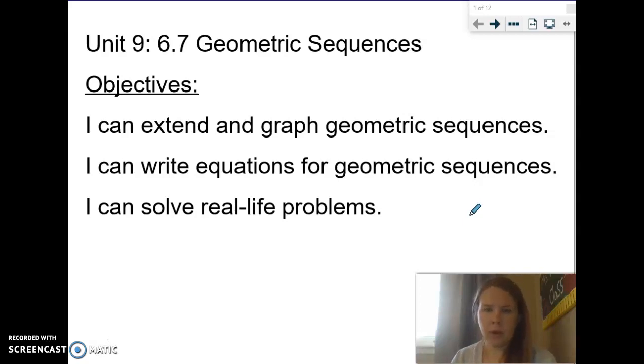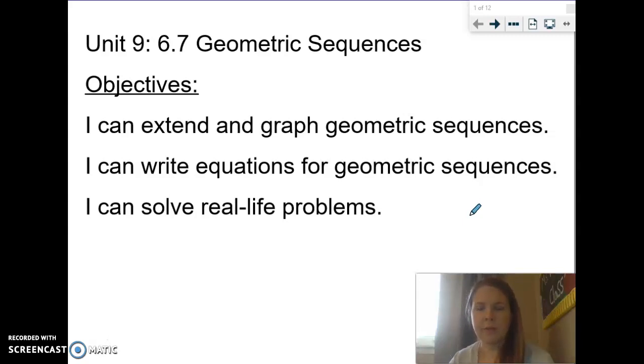Before we get too far into this, we also talked about arithmetic sequences early on this year. Arithmetic sequences were where there was a pattern going on and we were talking about addition. So I'm adding 5 to each numbered position number in my sequence.